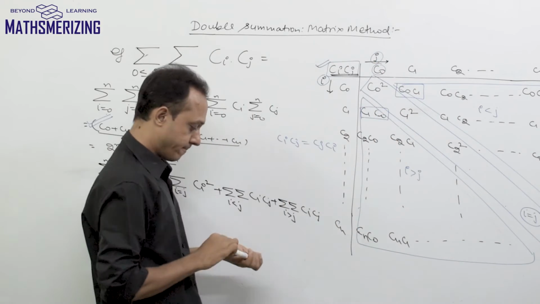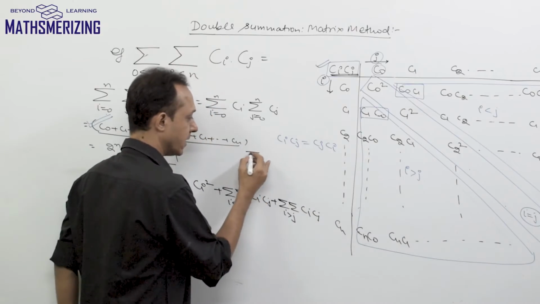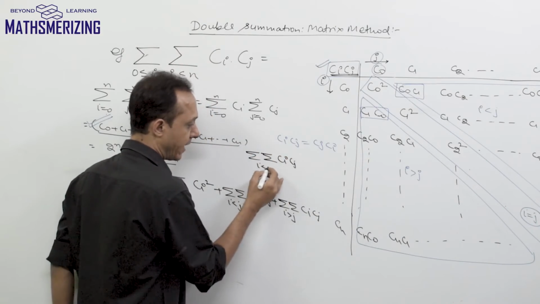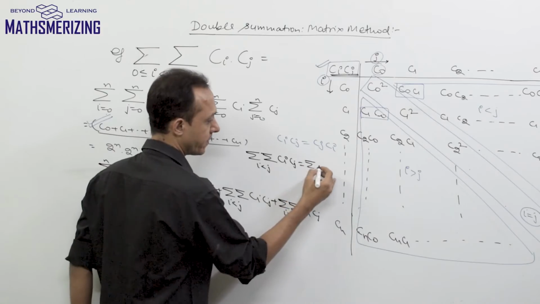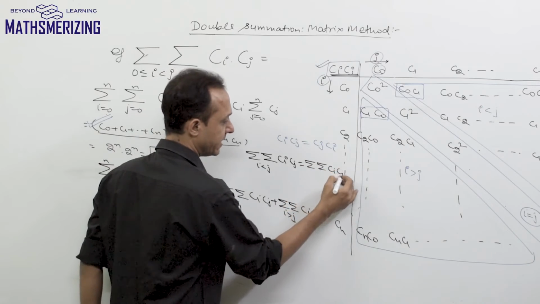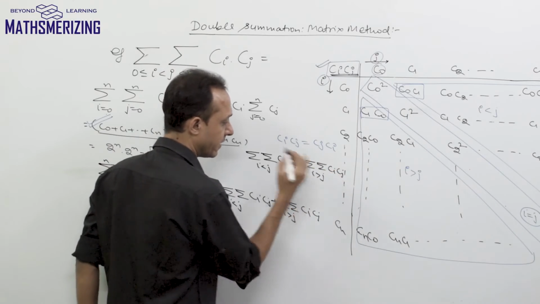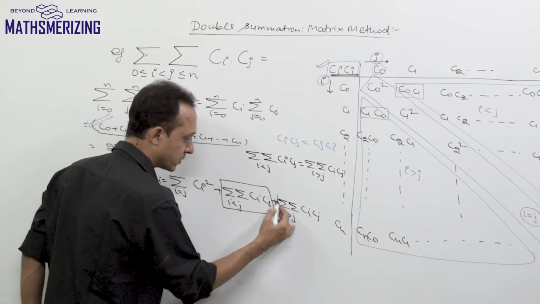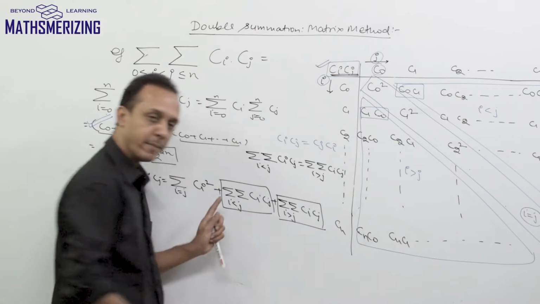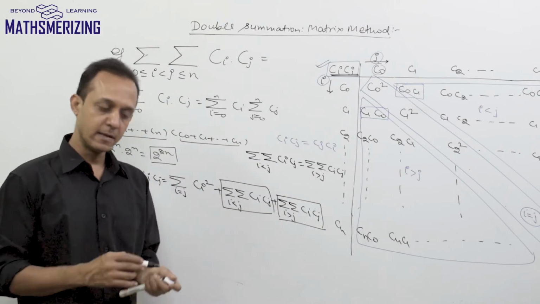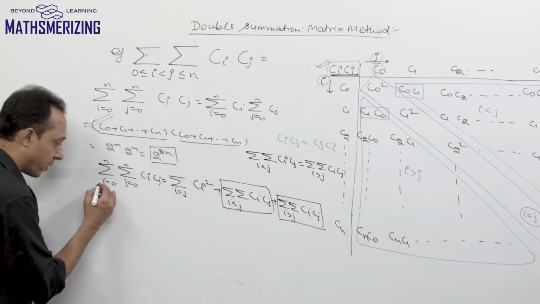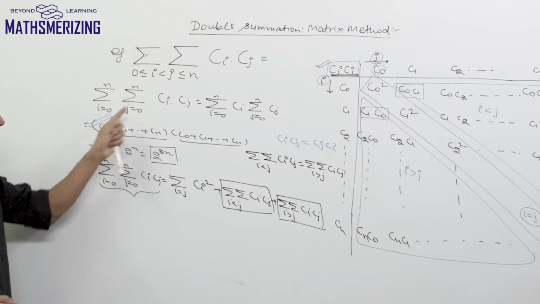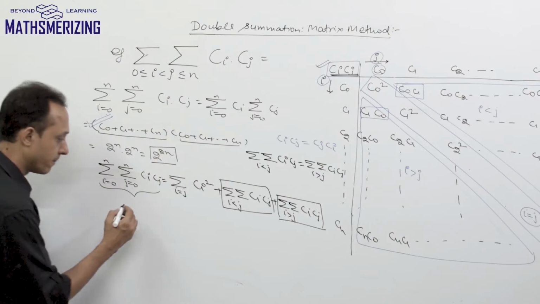So I can say that this double summation Ci into Cj when i is less than j is same as double summation Ci into Cj when i is greater than j. So essentially the sum of all these terms when i is less than j is same as sum of all the terms when i is greater than j. Now we have already worked out this product. So i varies from 0 to n, j varies from 0 to n, Ci into Cj is 2 to the power 2n.